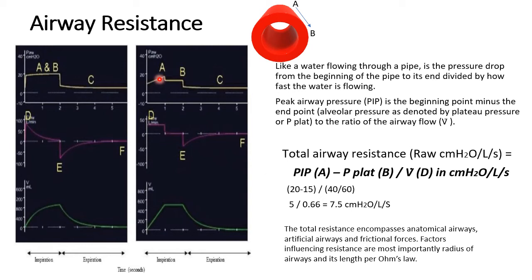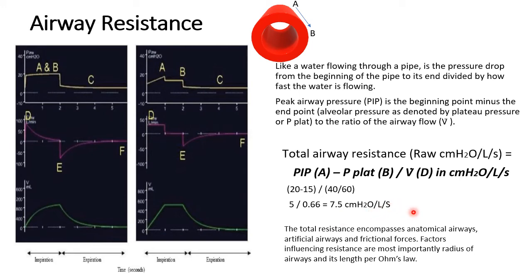So it will be 20 minus 15 divided by 40, but we have to divide it again by 60 to get it in liter per second. So 5 divided by 0.66, in this example the total resistance is 7.5 centimeter water per liter per second.